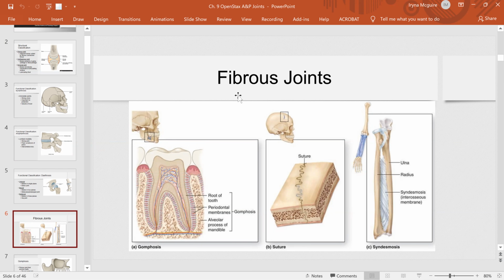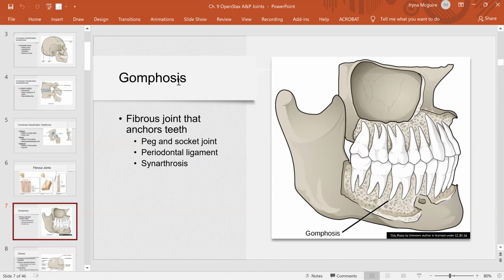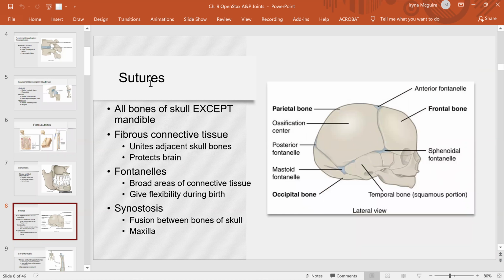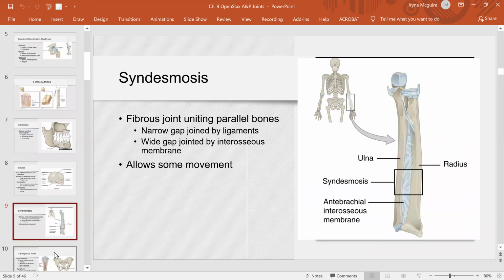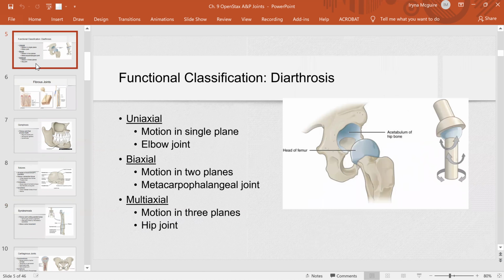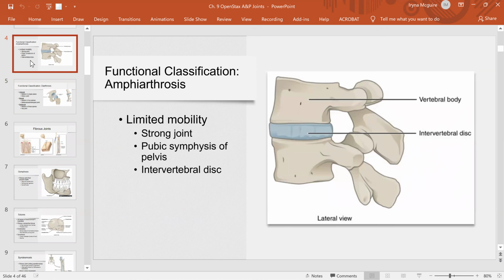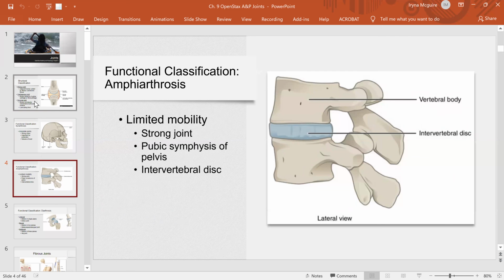So those fibrous joints can be gomphosis, sutures, or syndesmosis. Gomphosis is a synarthrosis, which means no movement. Sutures are synarthrosis too, no movement. Syndesmosis allows some movement, so what is it going to be? Amphiarthrosis. Where's my functional classification?